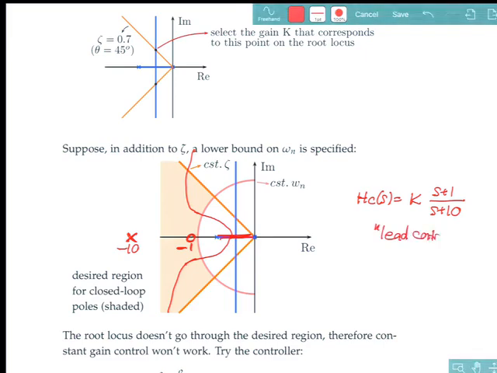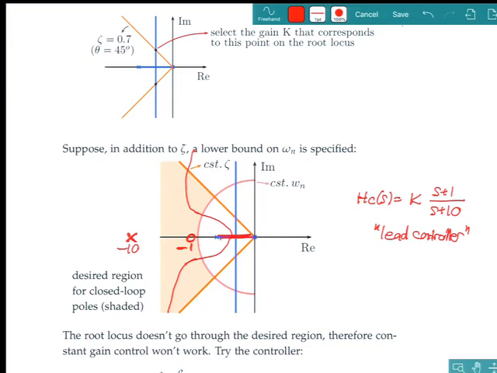And they are very useful. Essentially, they try to mimic what a 0 by itself would do: attract the root locus into the left half plane, make the closed loop poles more damped, and converge faster, right?